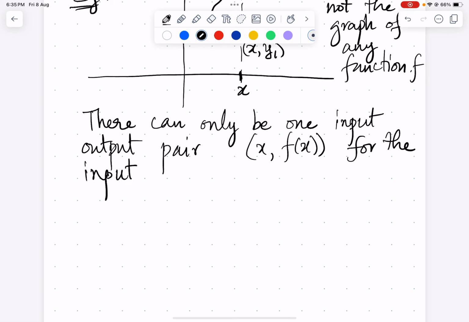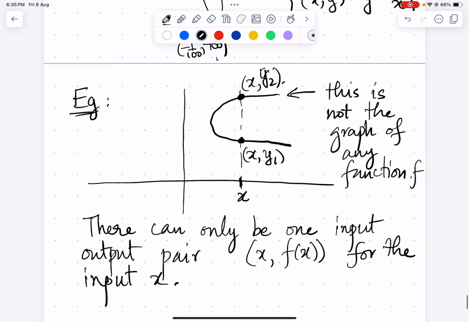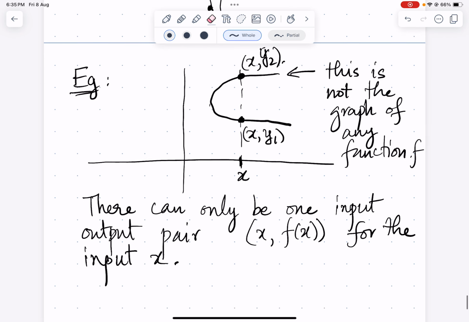In the graph, for the input x, there can only be one input output pair x comma f of x. So this curve is not the graph of any function f. Okay, so that's all for this part. See you in the next part.